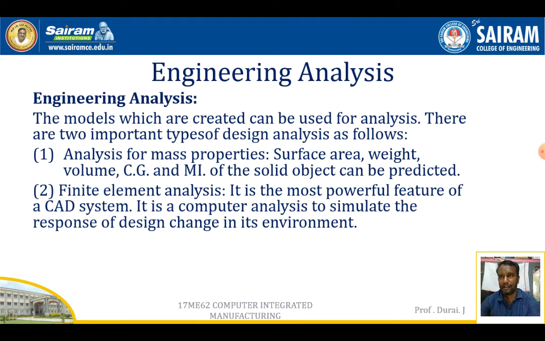There are mainly two different types of analysis used here. The first one is the analysis of mass property. It provides different properties such as surface area, weight, volume, center of gravity, and moment of inertia of the solid objects.